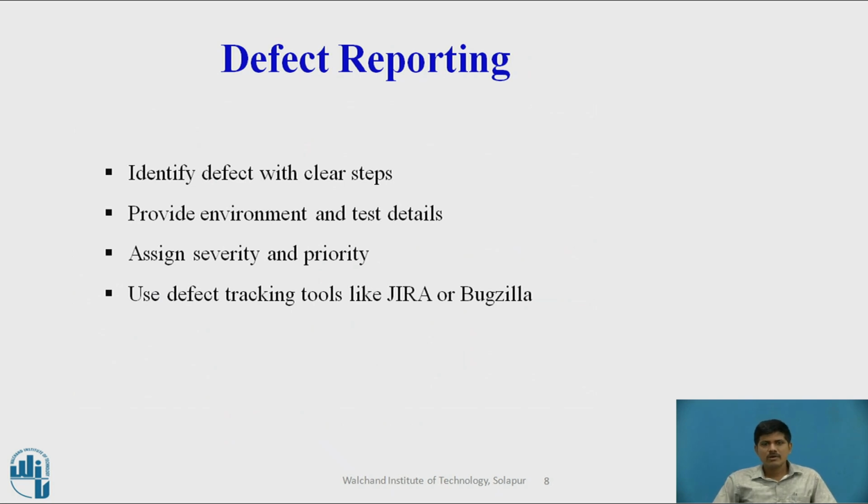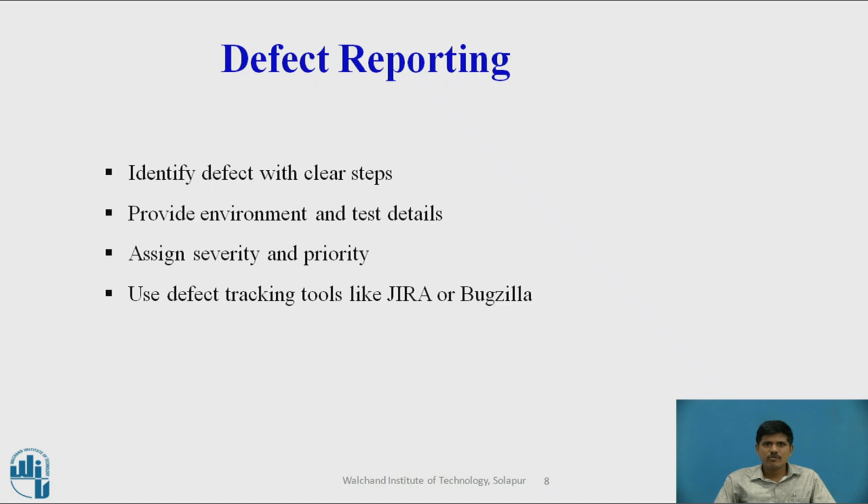While you are reporting a bug as a tester, you need to follow these steps. First, identify the defect with clear steps. You need to mention each and every step clearly, so that the developer is able to reproduce that bug.